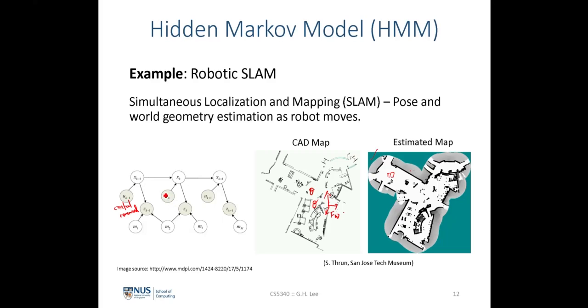The task over here would be to find all the latent random variables. We can see that it's also a hidden Markov model, where these form a linear Markov chain, and it gives rise to all the observed random variables over here.